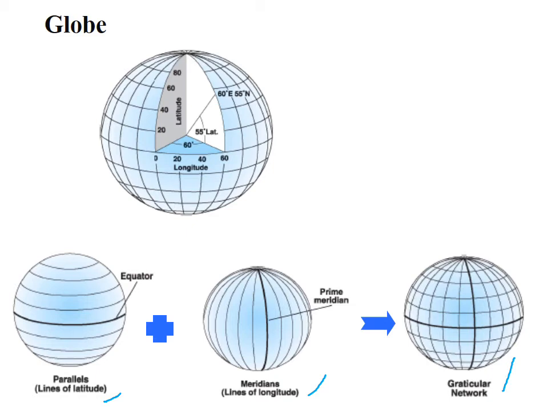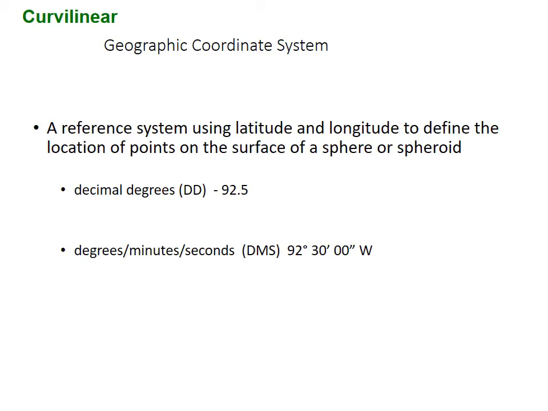The north and south are above and below the equator, and the west and east are to the left and right of the prime meridian. Latitude and longitude values are traditionally measured either in decimal degrees or in degrees, minutes, and seconds. So an example for a geographic coordinate system: a reference system using a latitude and longitude to define the location of points on the surface of the sphere or spheroid.